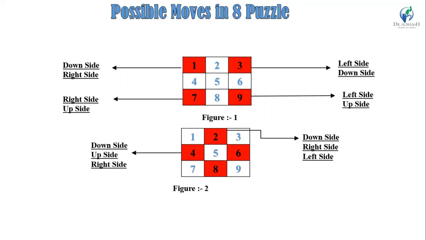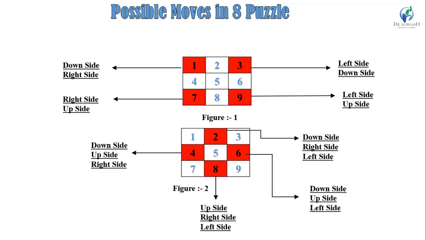If digit 4 is the empty space, it can move downside, upside, right side. If 6 is our empty space, it can move downside, upside, left side. If 8 is our empty space, it can move upside, right side and left side. So here we find 3 legal moves for these 4 empty spaces.